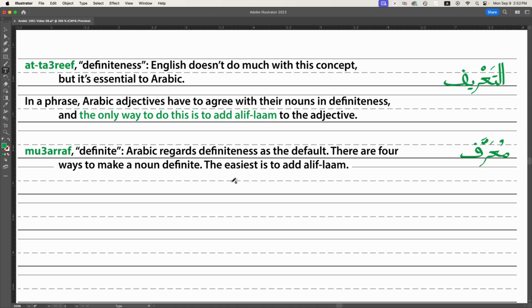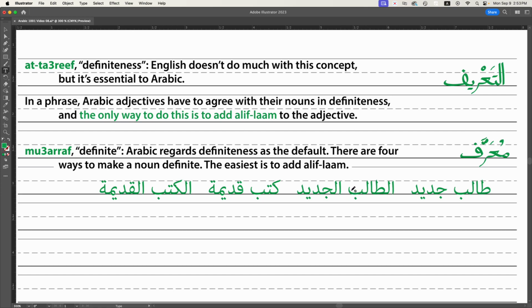There are 4 ways to make a noun definite, and the easiest of them is to add alif lam to the noun. So, talib jadid, these words are indefinite. A new student. There's no a or an here. I'll get to that in a moment. But if we put alif lam on talib and make it the student, in order for jadid to agree, it needs to have alif lam as well, because the only way to make an adjective definite is to add alif lam.